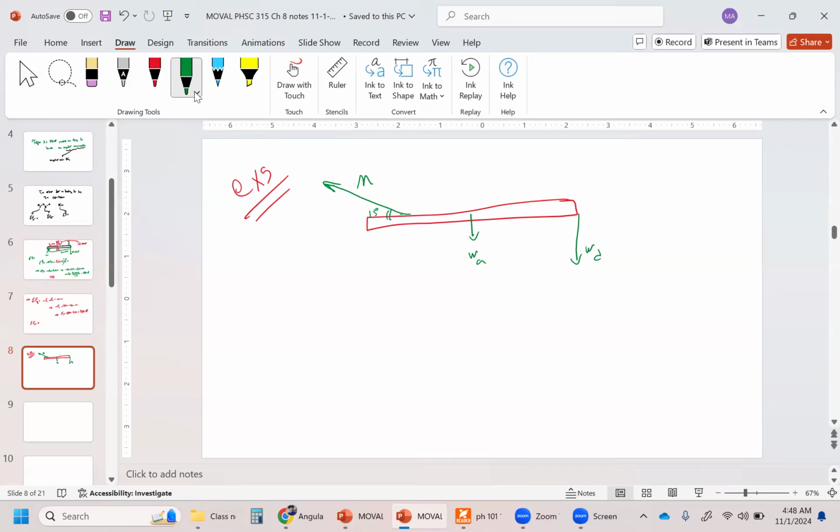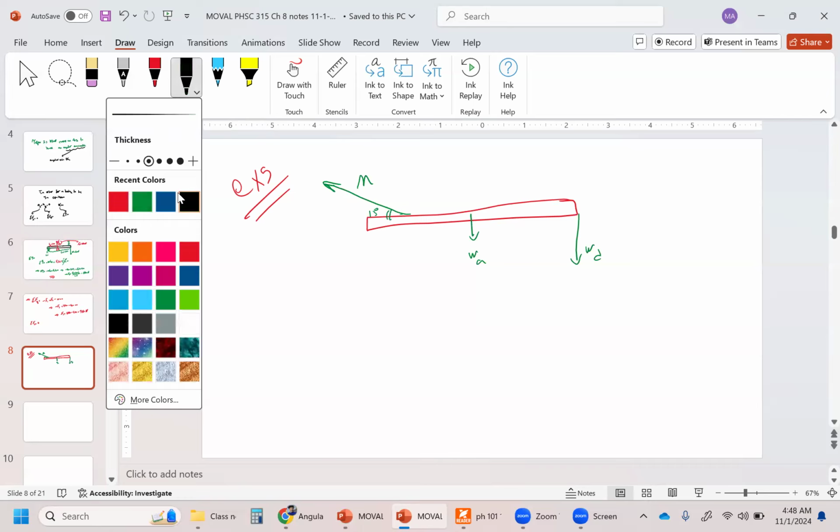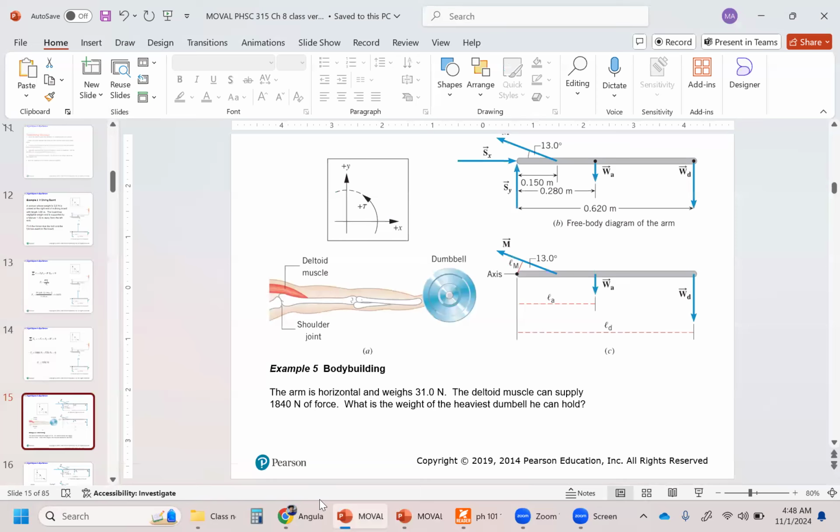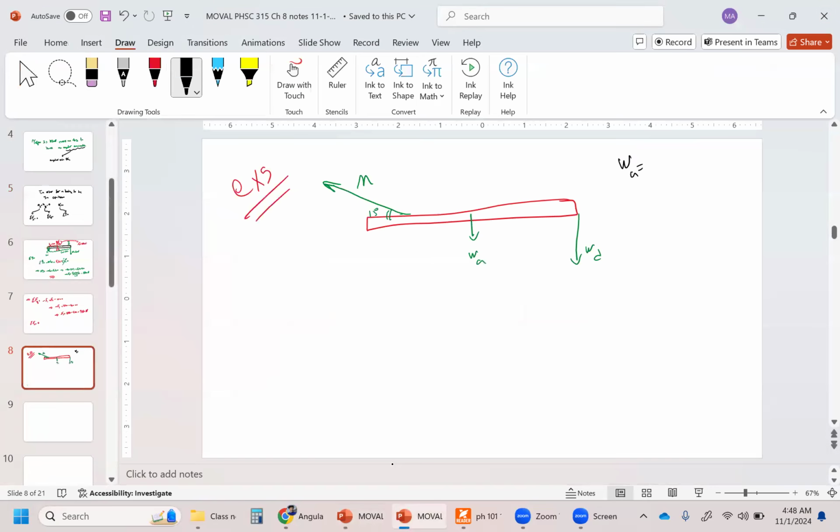Okay, and let me go ahead and label my knowns over here. Your arm weight is 31 newtons. Your total mass for that will be 1840 newtons.